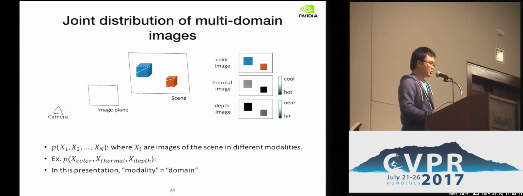So this is a formulation. We will use X for different domains. What we want to learn is this joint distribution, say X color, X thermal, X depth. And we will be using modality and domain interchangeably in this presentation. So modality means domain here.